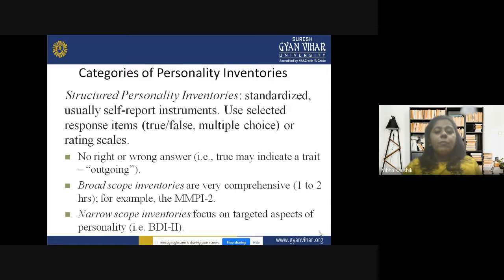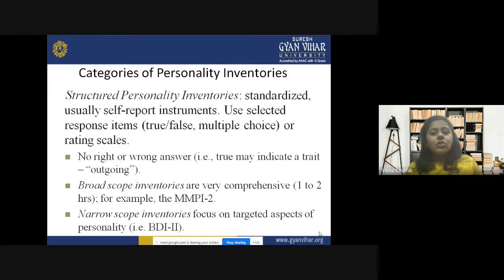Now, categories of personality inventories. What are the different categories of personality inventories? The first one is structured personality inventories. Standardized, usually self-report instruments use selected response items: true/false, multiple choice, or rating scales.